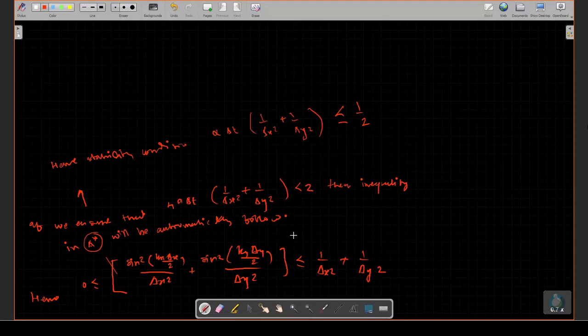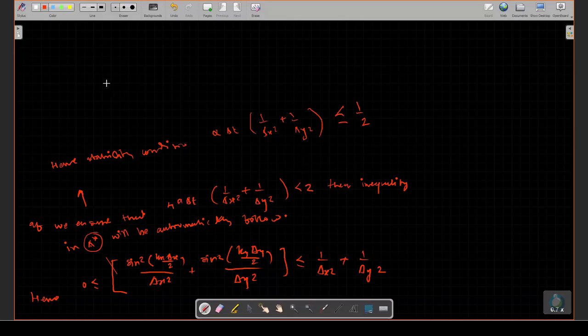These conditions we have already seen in our previous cases. In the 1D case, it was alpha delta t over delta x square should be less than or equal to half. So this is for the 2D case.